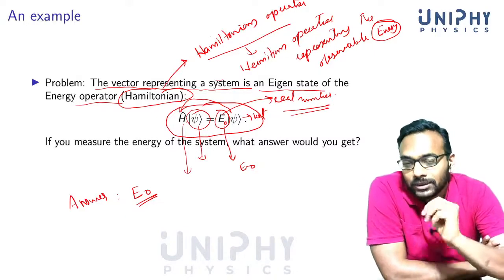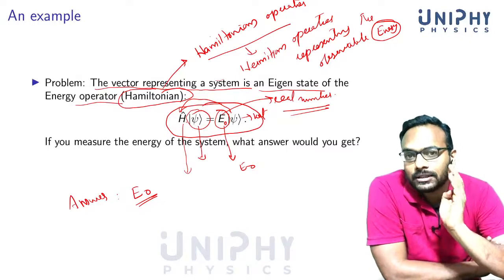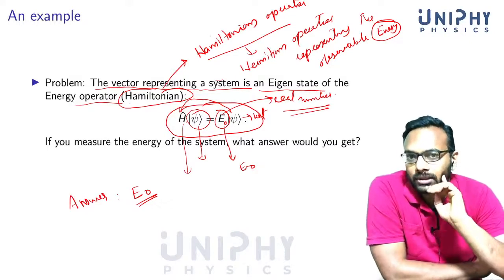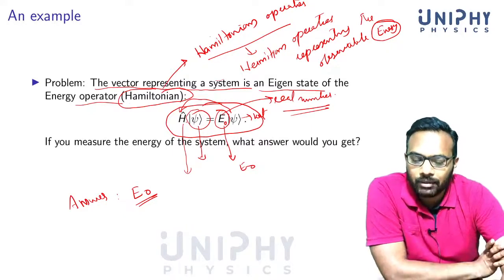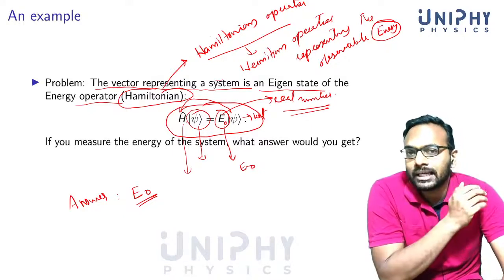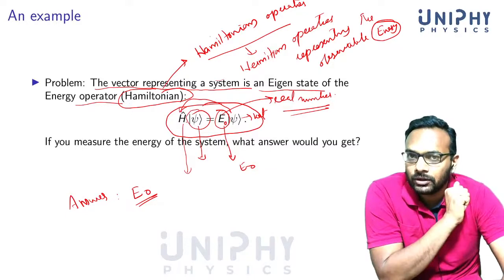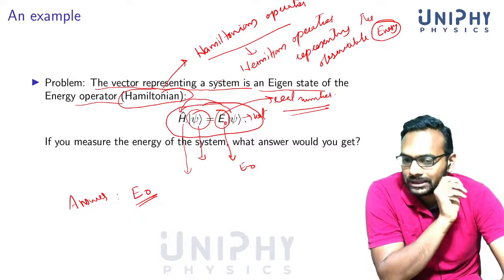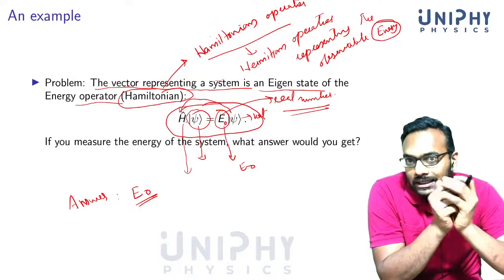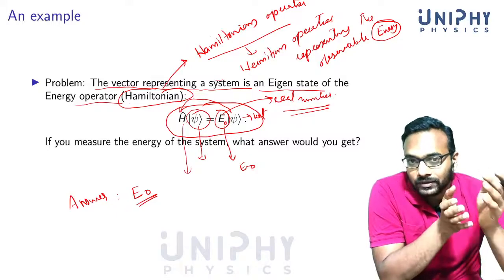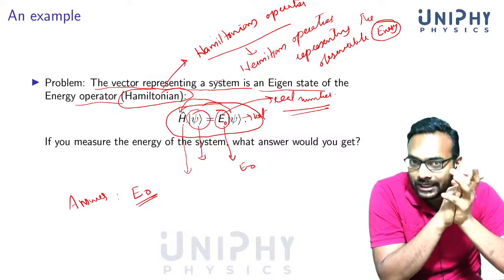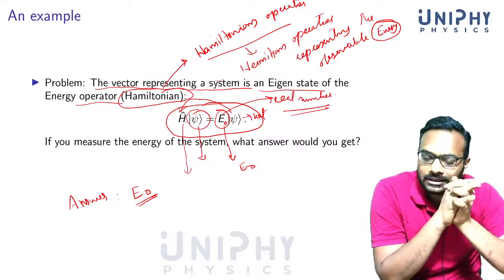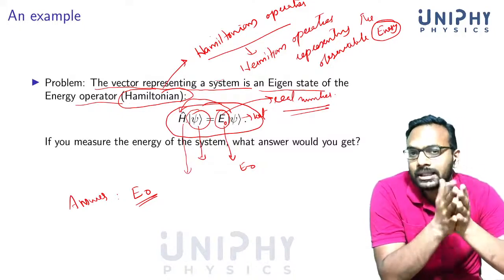Okay. Now the question is, what if the given state is not an eigenstate of the Hamiltonian? Then what does quantum mechanics say about the measured value of energy? I hope the question is clear. So we have already seen that if the given vector is an eigenvector of the Hamiltonian, then the measured energy would be the corresponding eigenvalue.